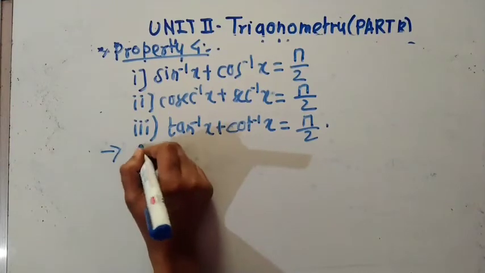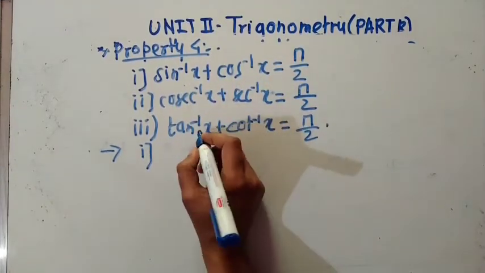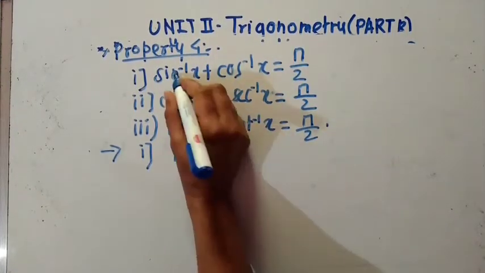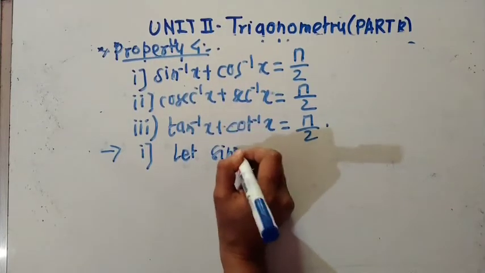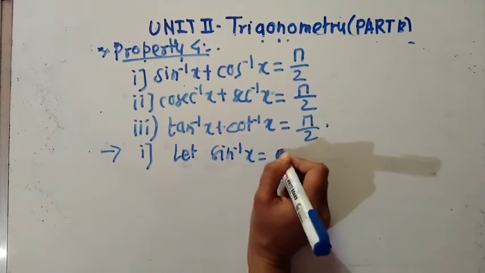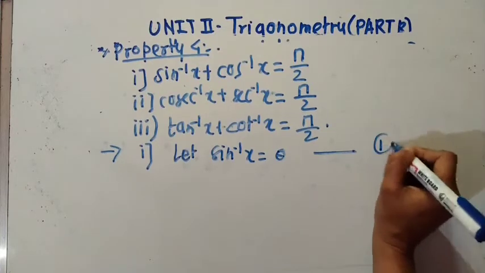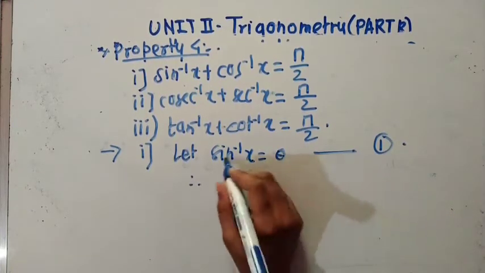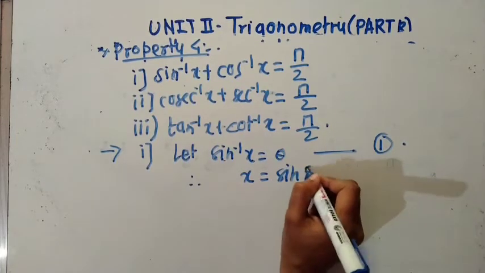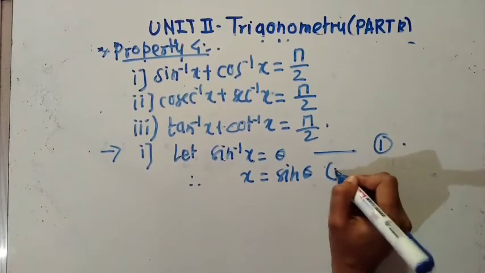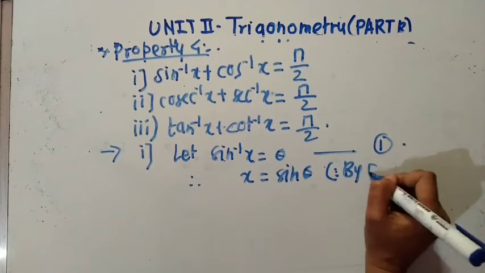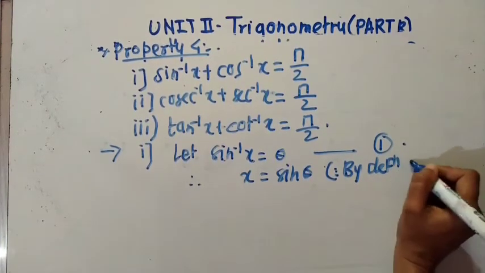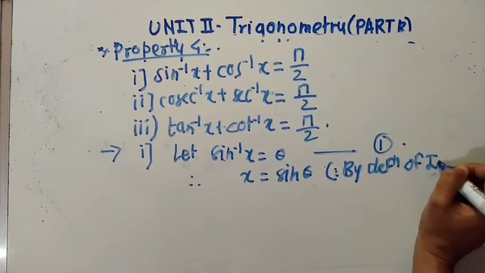Then we prove the first property. Let us consider sine inverse of x is equal to theta. This is the first equation. Then x is equal to sin theta, since by definition of inverse function.